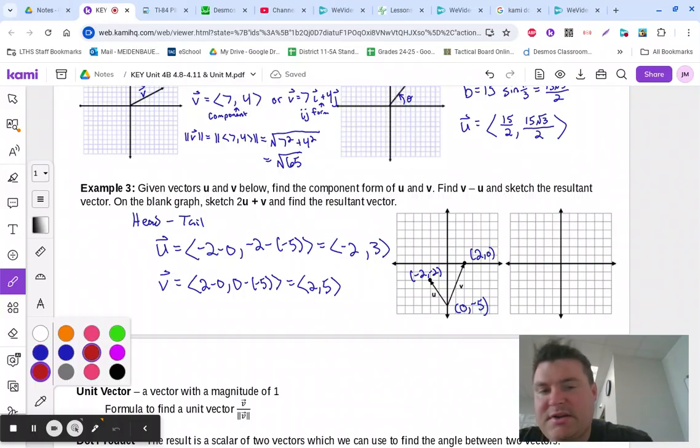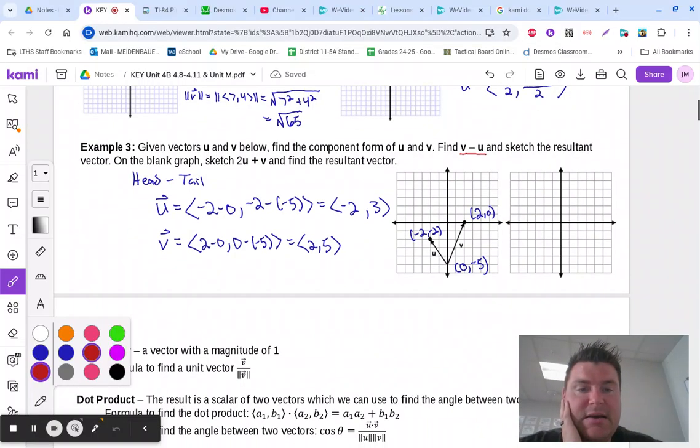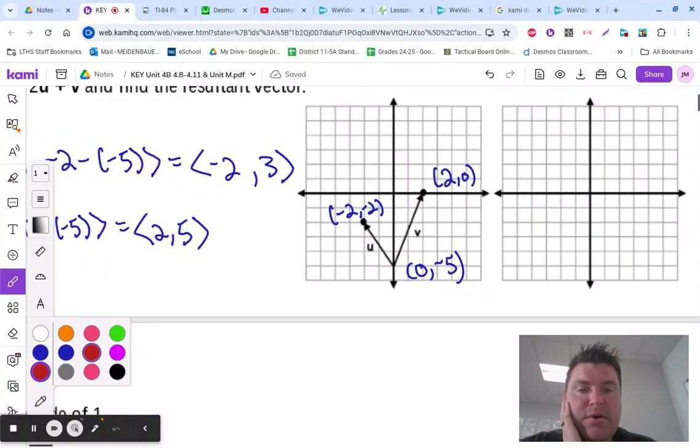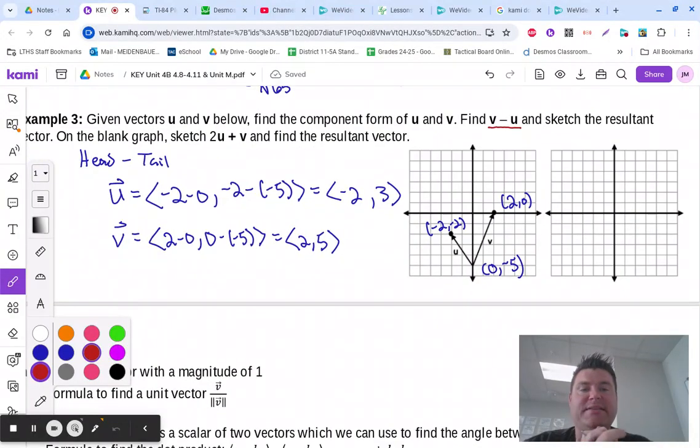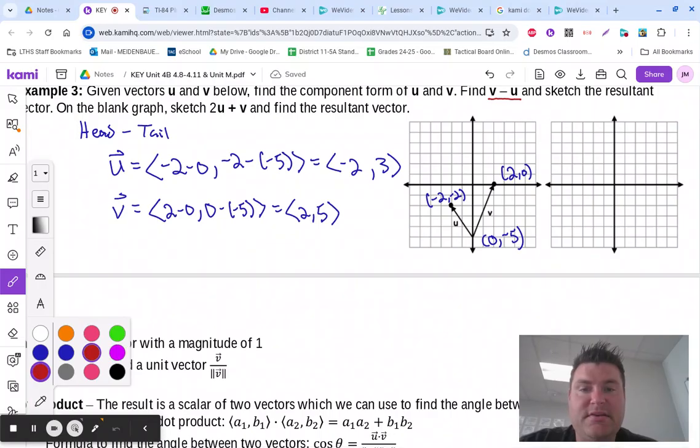I'll do the next part in red here. So if I want to do v minus u, I'm going to take v, and where the head of v is, I'm going to draw that to be the tail of -u. So if I'm drawing -u, I'm going to go the opposite direction than where it's going. So I'm going to go 1, 2, 3, 1, 2.